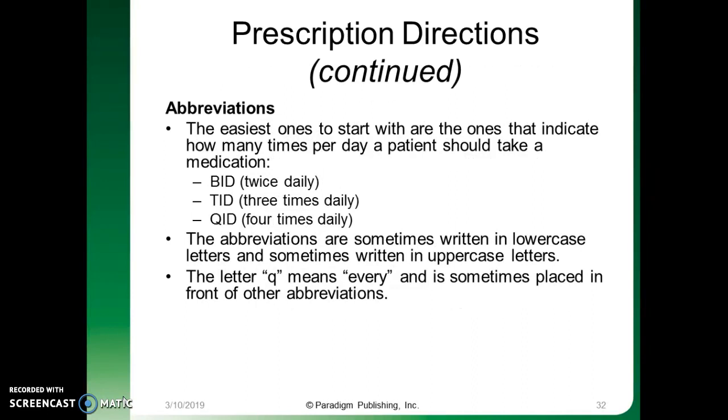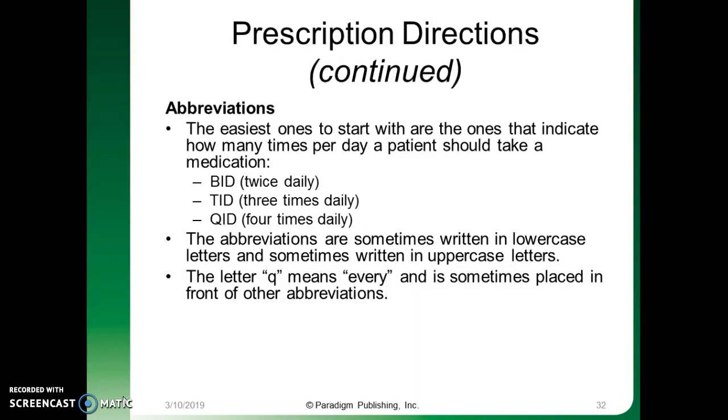Abbreviations. The easiest ones to start with are the ones that indicate how many times per day a patient should take a medication. Such abbreviations include BID, which means twice a day, TID, 3 times a day, and QID, 4 times a day. The abbreviations are sometimes written in lowercase letters and sometimes in uppercase letters.